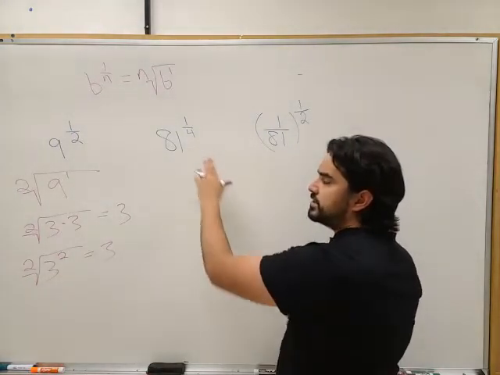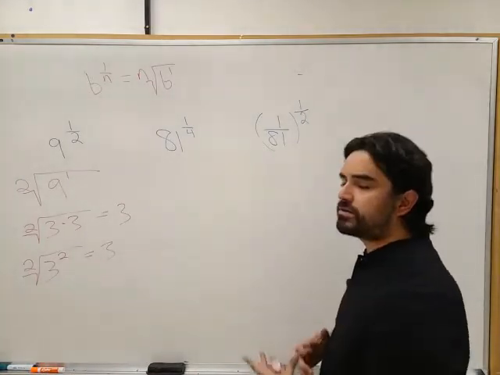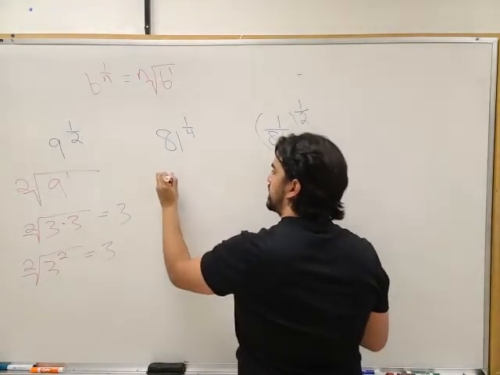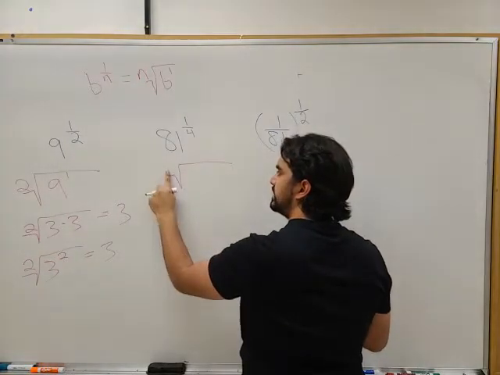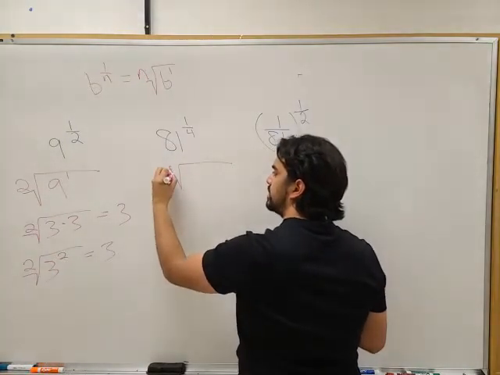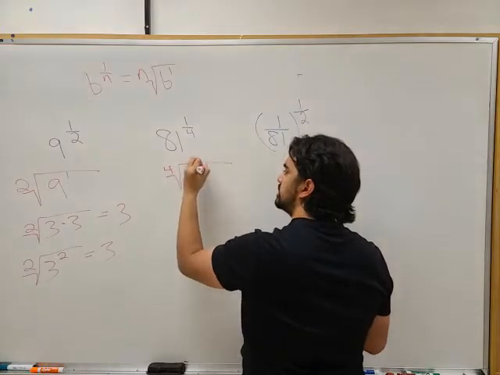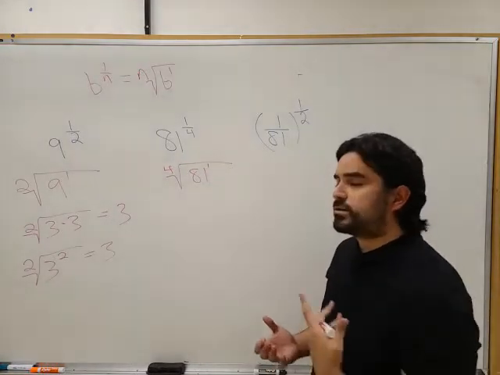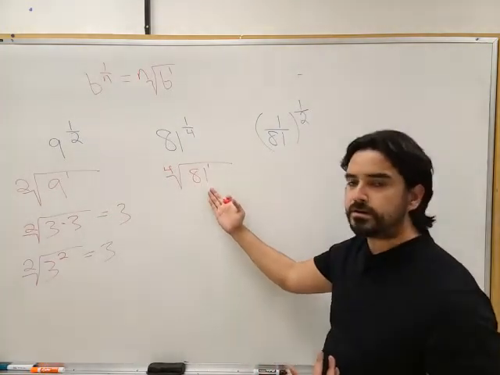Let's go ahead and try another one. 81 to the power of 1/4. So we're going to do the radical. Outside of it, we're going to put a 4, and 81 to the power of 1. Well, what 4 factors that are the same give me 81?